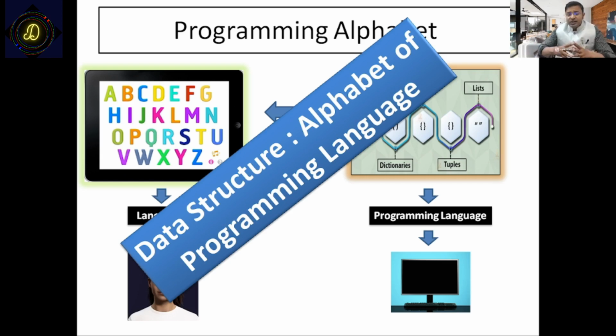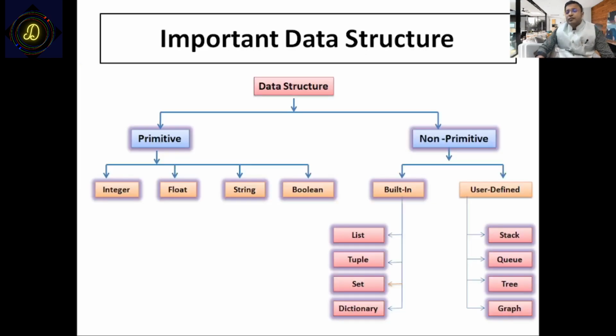Now, what is the classification of data structure? Let's go to that. Data structure, this umbrella, forms primitive and non-primitive. In primitive, integer, float, string, boolean, all these elements come. In non-primitive, mainly built-in and user-defined. What is built-in?